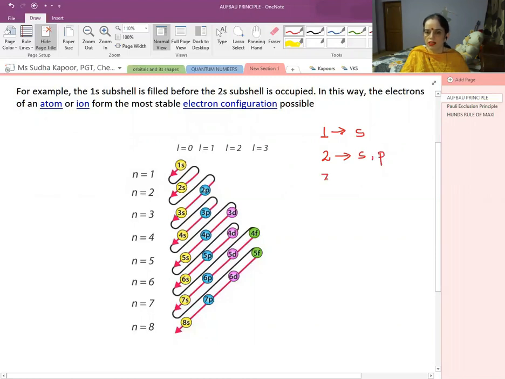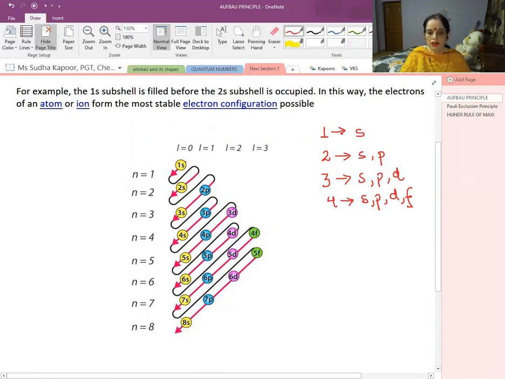In the third shell, there are S, P, D, and in the fourth, there are four subshells: S, P, D and F. Similarly it goes on for the others, but the filling gets completed when we involve the F part. So in case of 5, we also write 5S, 5P, 5D and 5F.